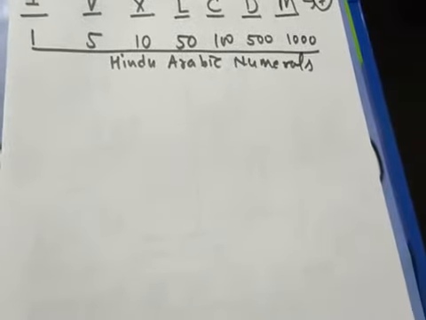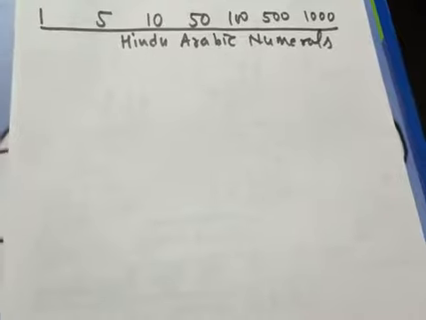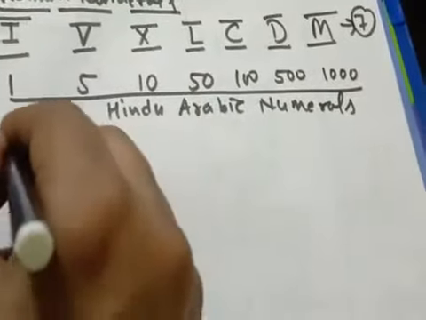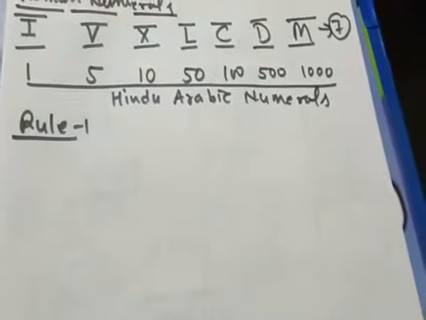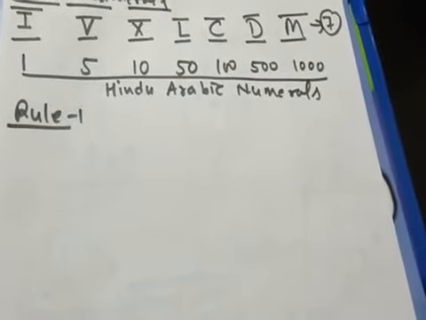There are some rules which have to be followed. Rule number 1: in Roman numerals, some digits are repeated.